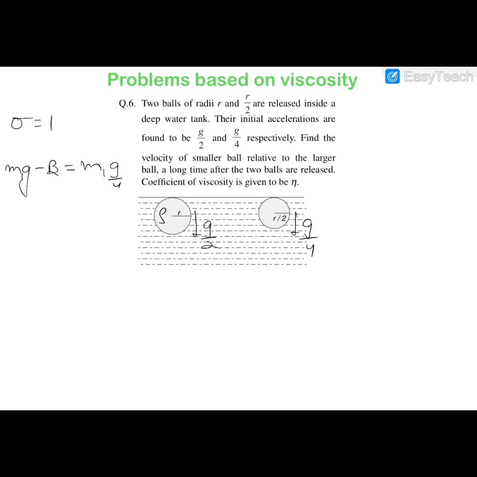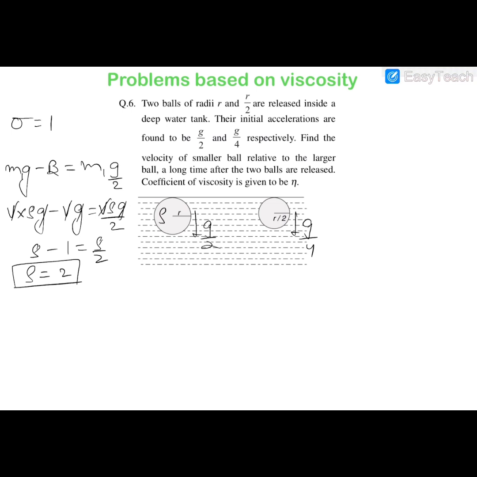The mass of the ball can be written as volume V into density rho, and buoyancy is V into sigma, and sigma is 1, into g. So V into rho into g minus V into 1 into g is V into rho into g by 2. Cancelling V and g, rho minus 1 is equal to rho by 2. So rho is equal to 2, first of all.